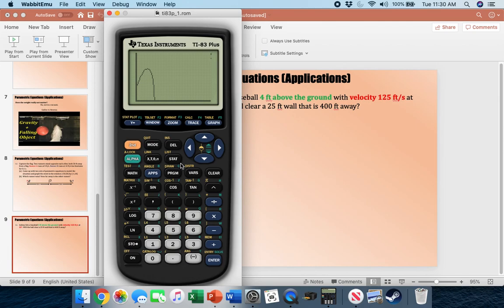Oh, whoops. Something's definitely wrong with my equation there. What did I do wrong? Calculator's frozen, I think. Oh no, there we go. What did I do wrong here?